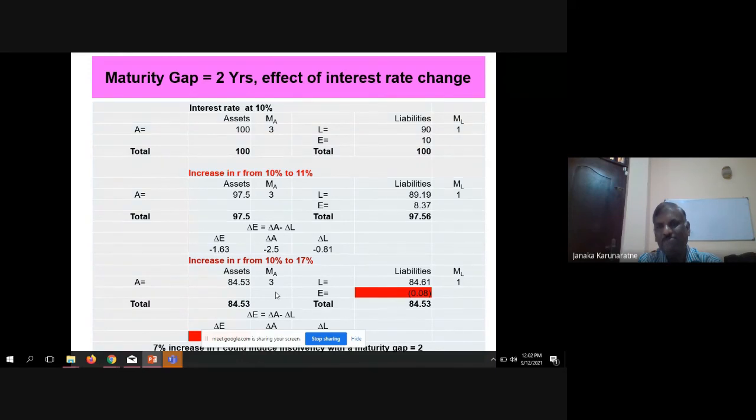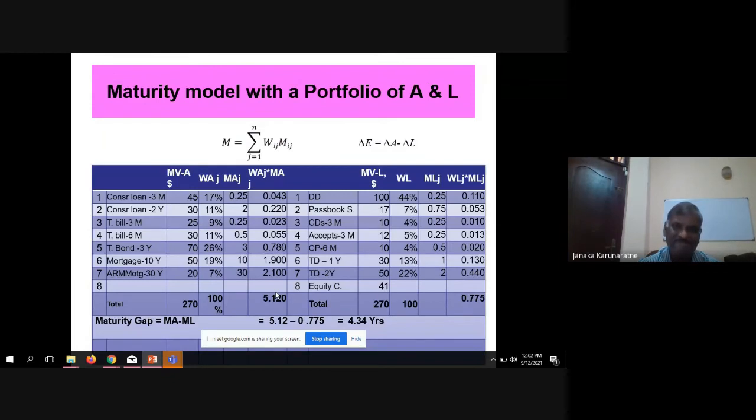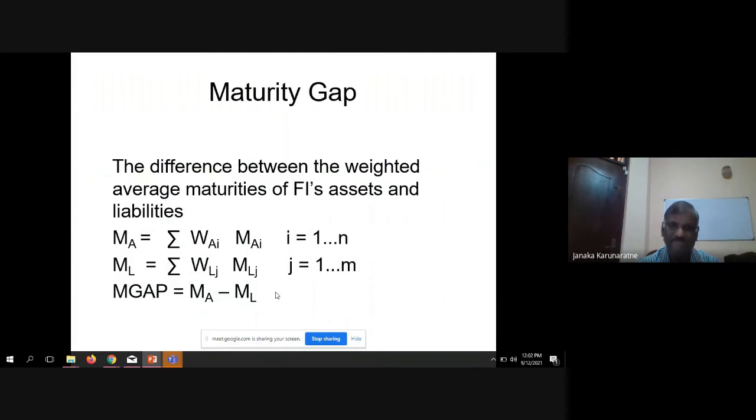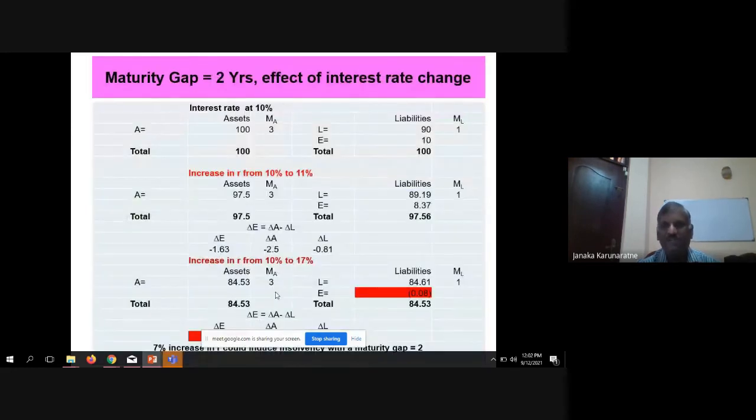The maturity gap is MA minus ML. MA is the summation of WAi into MAi. ML is the summation of WLj into MLj. So what is the maturity gap of this one?